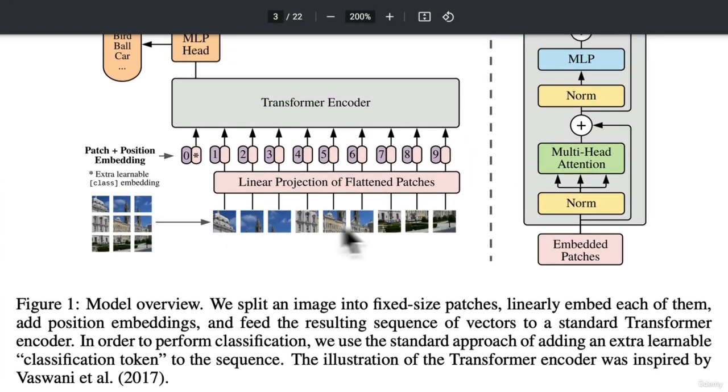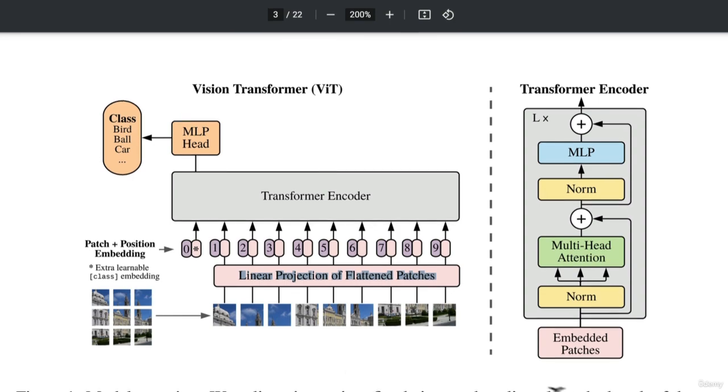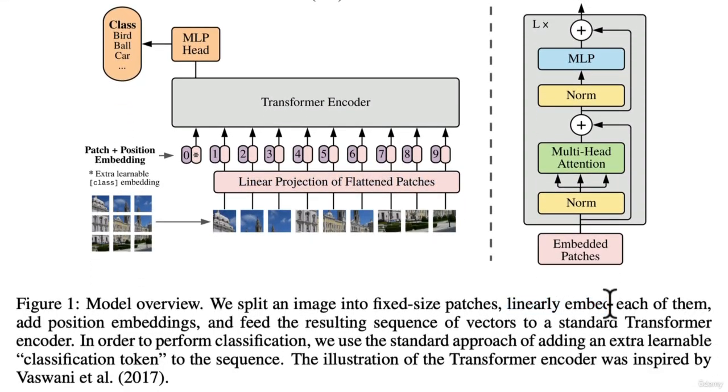We've got a sequence of vectors to pass into our standard transformer encoder. Now, mind you, we haven't yet got the class learnable embedding, but we can do that in a future video, as well as the positional embeddings. But we've gone from image to patches to sequence of patches, all in a linear projection of flattened patches, or a learnable embedding, linear embedding. So many different words for embedding here.